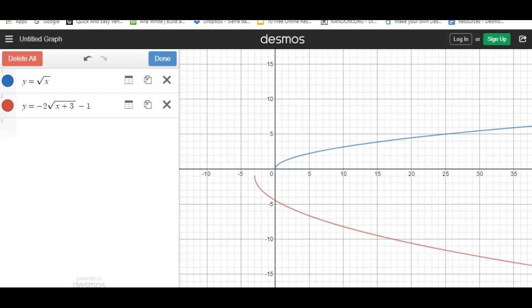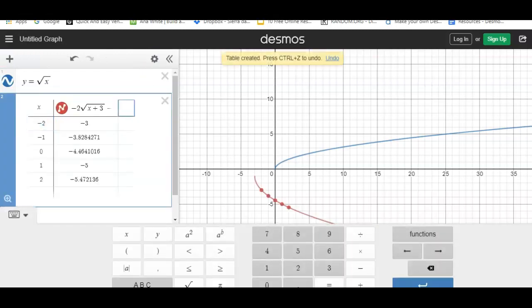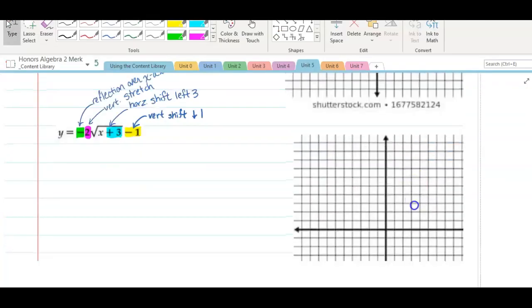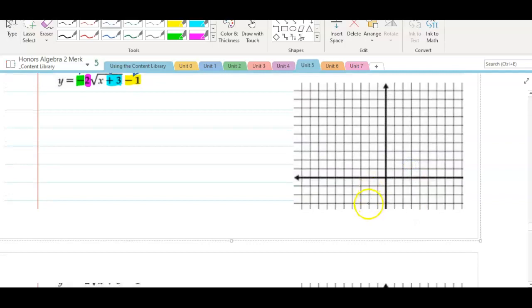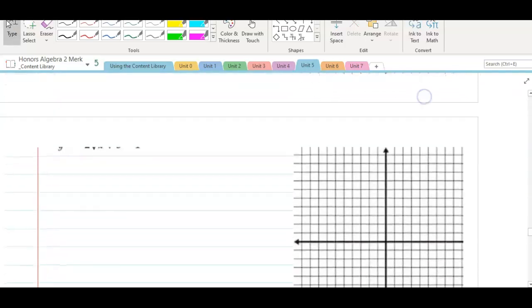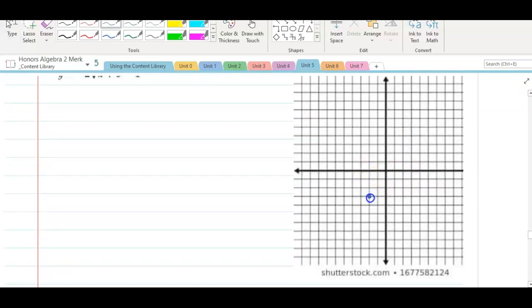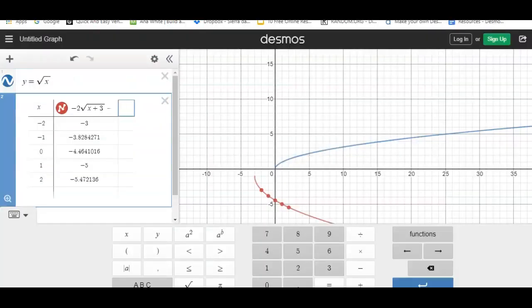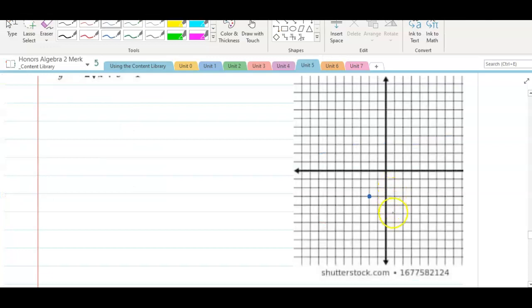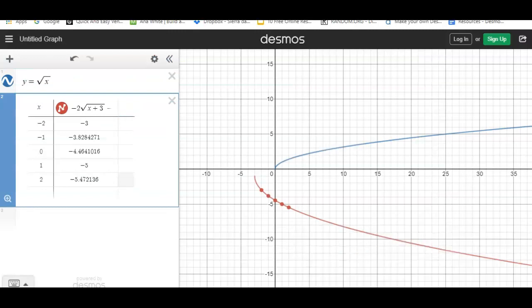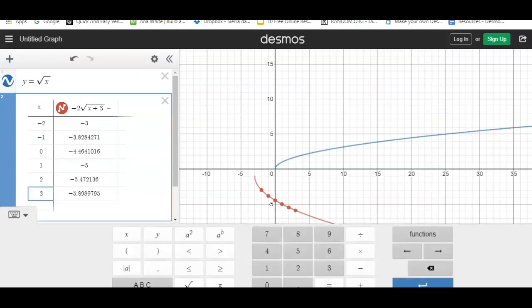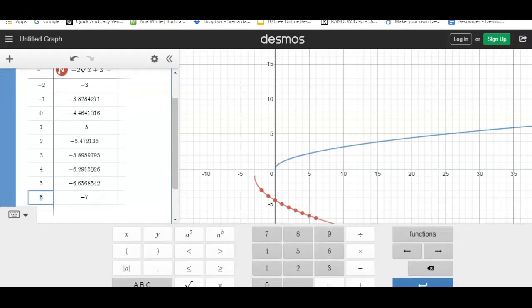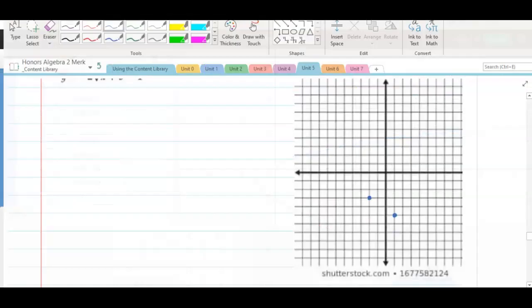So if we look at a table of values, we will have some nice numbers that we can plot. -2, -3. I just realized the graph may have cut off, so I'm going to the next page. -2, -3 to graph this. The next nice integer coordinate point, 1, -5. 3, 6, -7. That's a nice integer point.